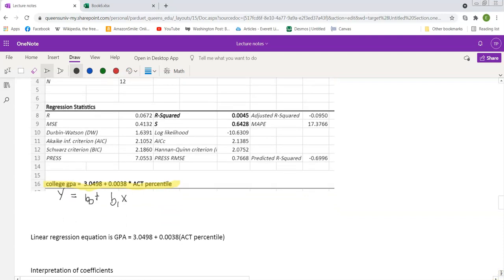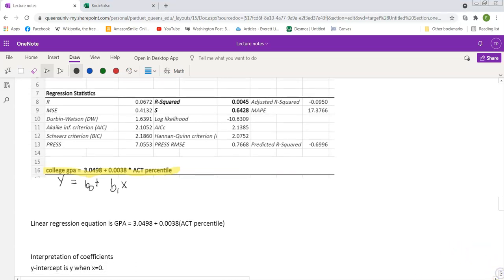Now, I want to talk to you about how to interpret these coefficients. You may have done some of this in your Math 111 class. I know I hit this topic pretty hard in that class, so maybe if you had somebody else, your professor did too. The Y-intercept is always what Y is when X equals 0.